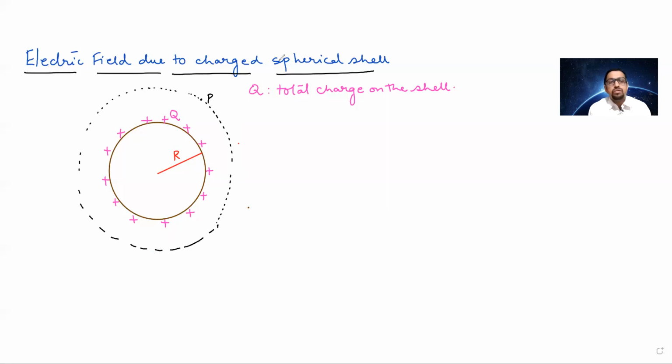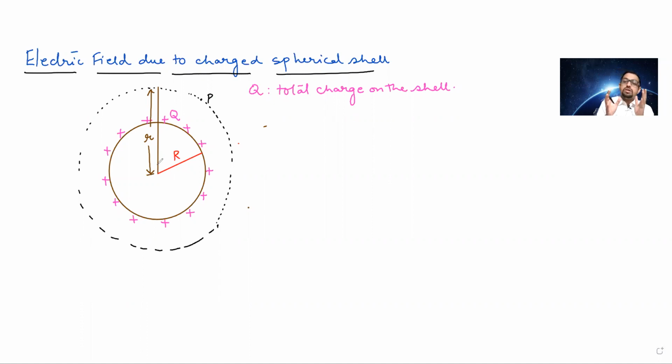And this Gaussian surface is a sphere, and let's suppose this has a radius small r from the center.